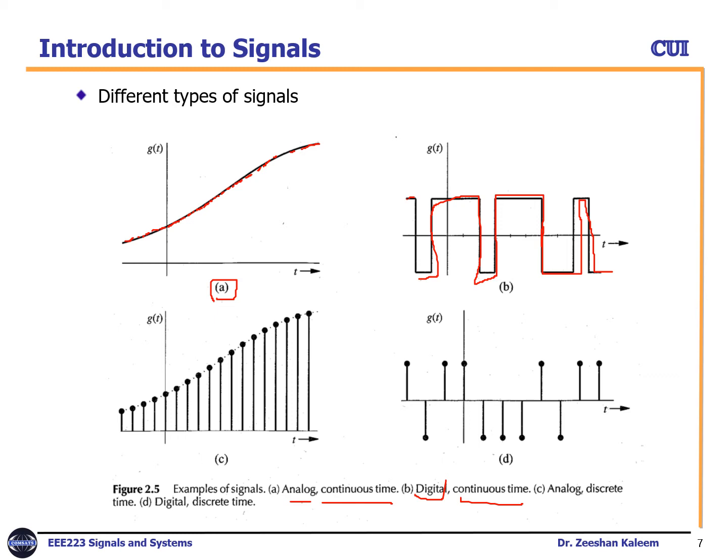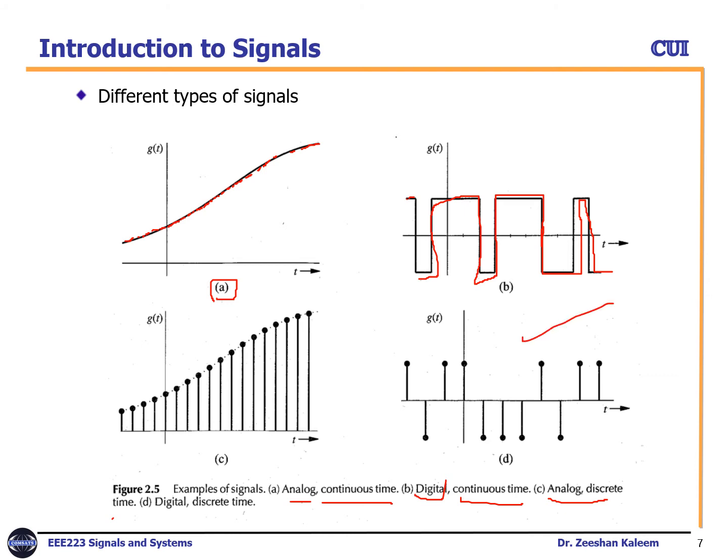The other one is analog, because you know that this is an analog signal, but it is discrete time. So this is analog, but we have taken it at some time instants with a fixed interval, so we call it analog and discrete time.